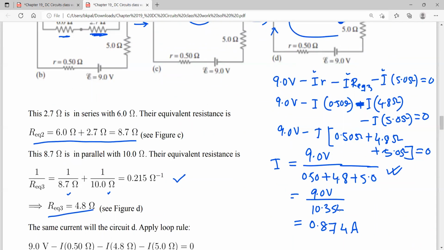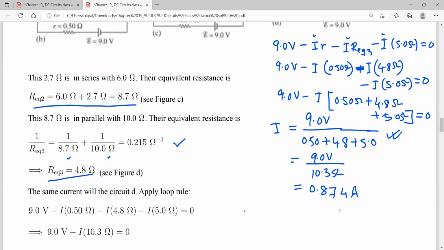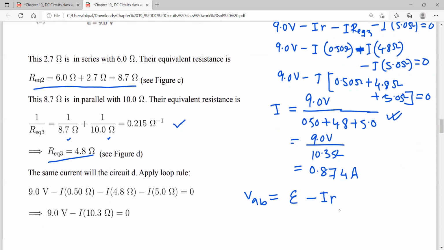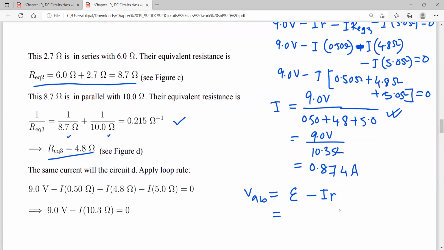The terminal voltage is easy to calculate, and you know that VAB equals the battery EMF minus I times R. EMF here is 9 volt, I is 0.874 amp, and the internal resistance is 5 ohm.